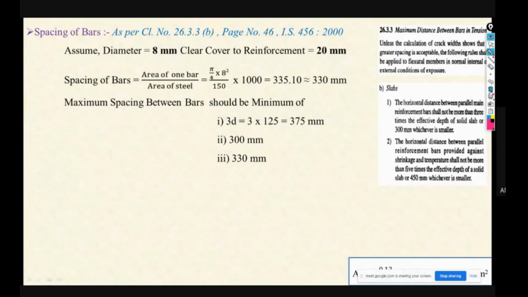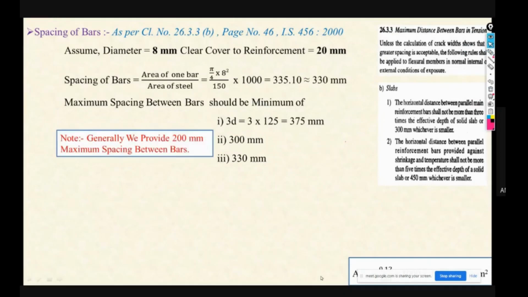But from a field point of view, in our consultancy we are not providing spacing between slab bars greater than 200. So the maximum spacing we will consider is 200. So as per our consultancy, we consider 200 mm spacing.